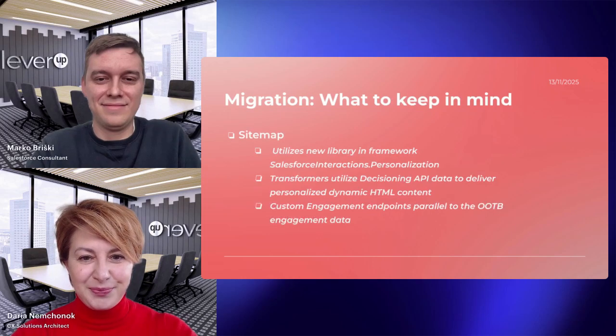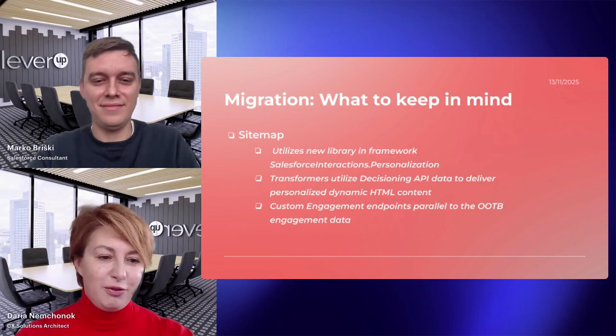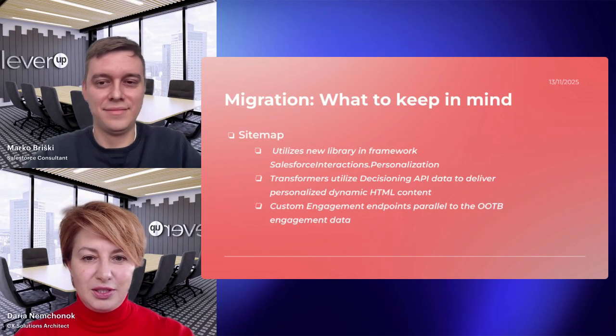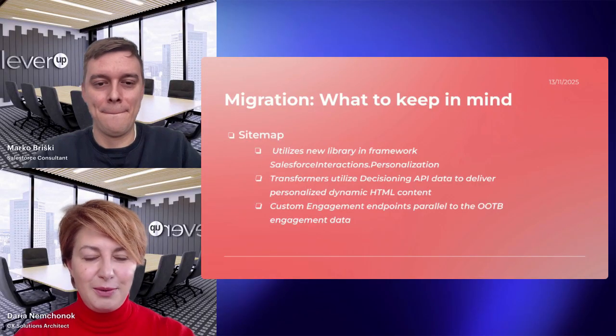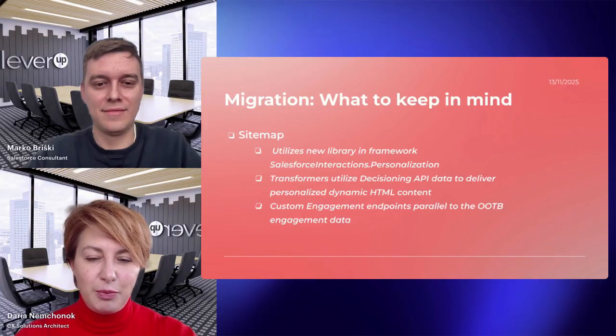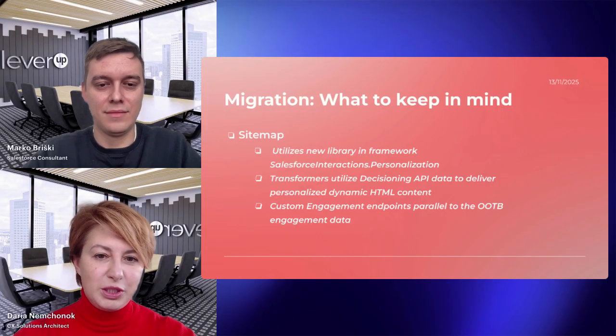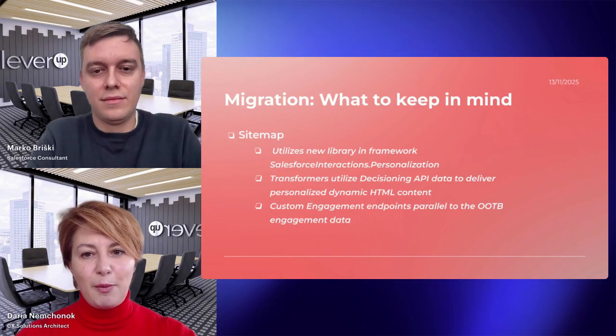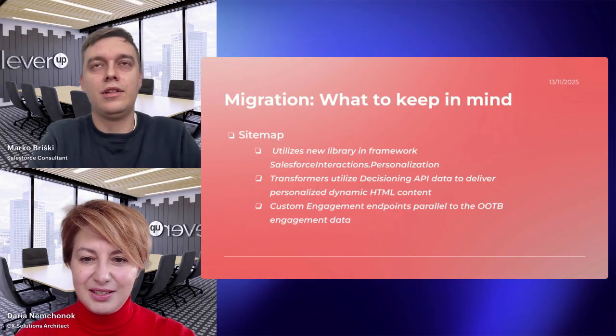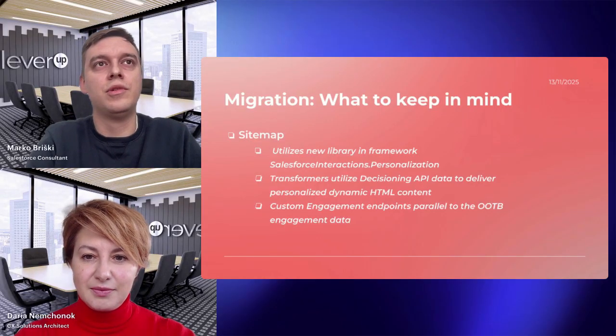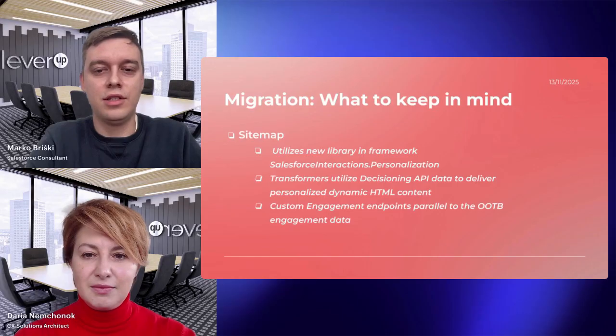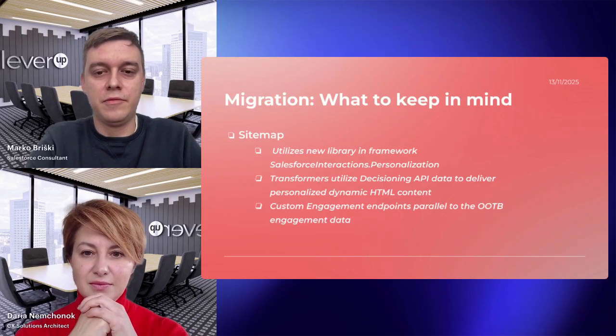Okay, thank you. Now the sitemap. All of you probably remember this important stage during your MC implementation project. Now, Marko, what is the difference? Can the sitemap be reused, or what is the difference between the MC Personalization sitemap and Salesforce Personalization? Yeah, so based on the documents I managed to read about Salesforce Personalization, the main difference is that Salesforce Personalization now uses the personalization library inside the framework.